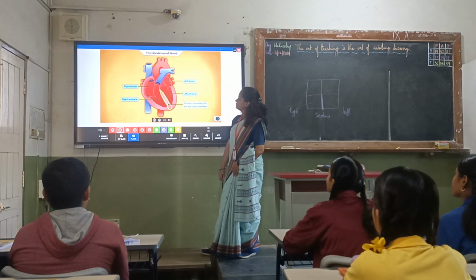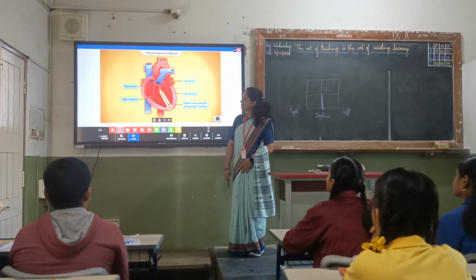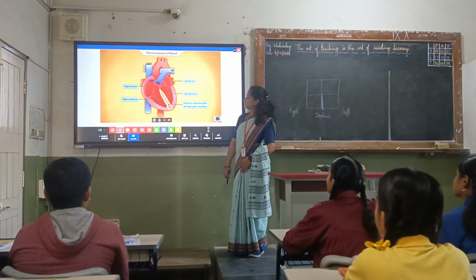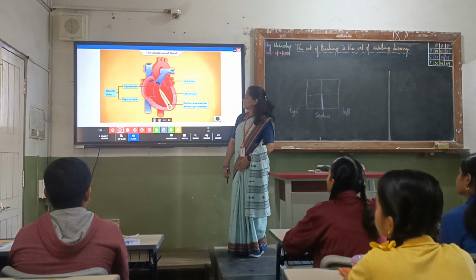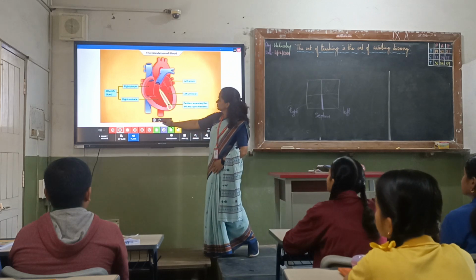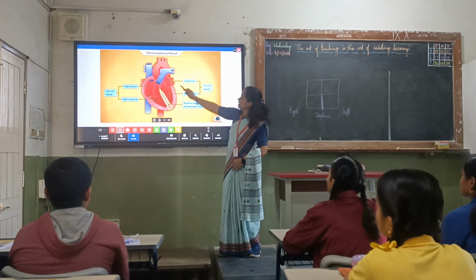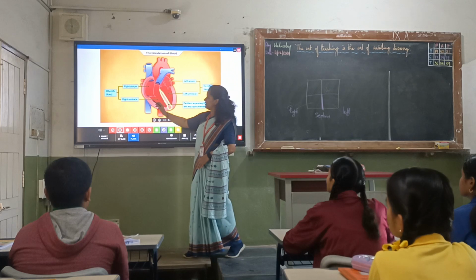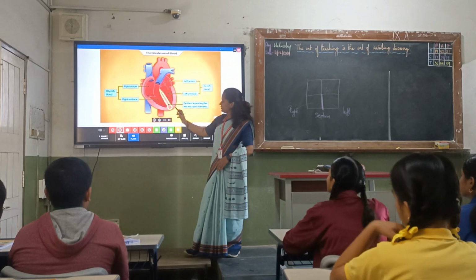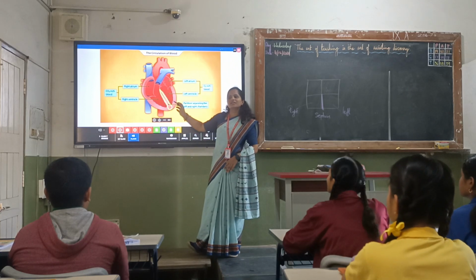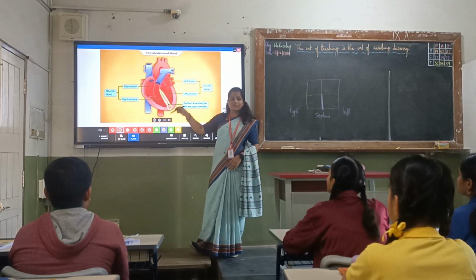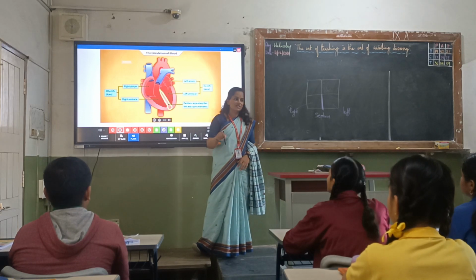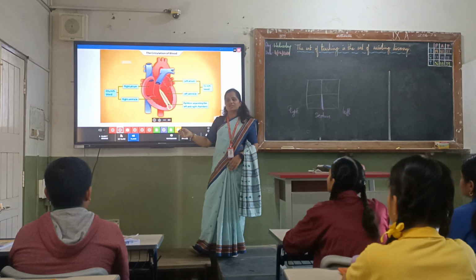There is a partition between the left and the right chambers of the heart, which prevents the carbon dioxide-rich blood on the right from mixing with the oxygen-rich blood on the left. So you can see here left atrium, left ventricle, right ventricle, and in between there is a partition wall that is called the septum, which prevents the mixing of carbon dioxide rich blood with the oxygen rich blood.